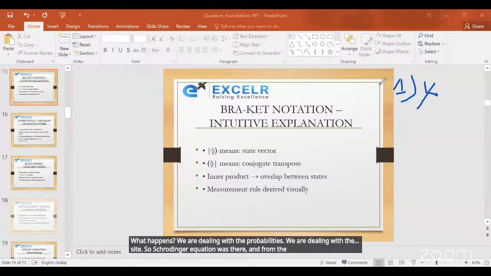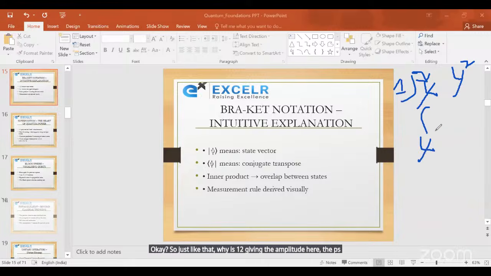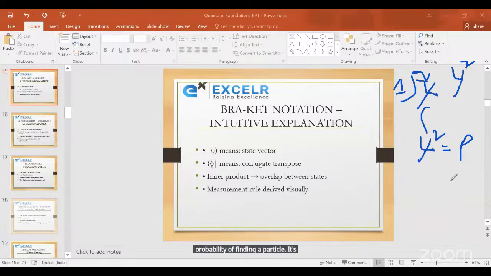The Schrodinger equation has the term psi, just like the general wave equation has the term y. Just as y squared gives the amplitude, here psi squared gives the probability of finding the particle.